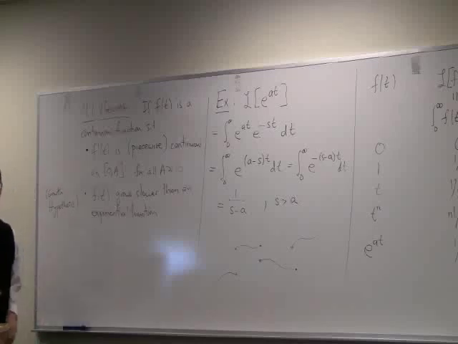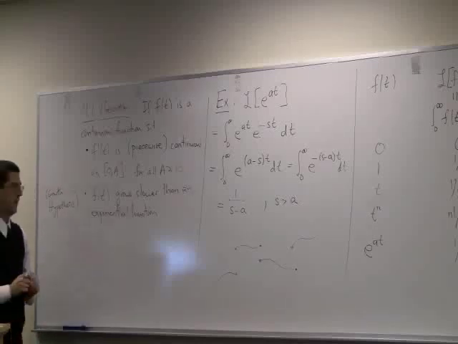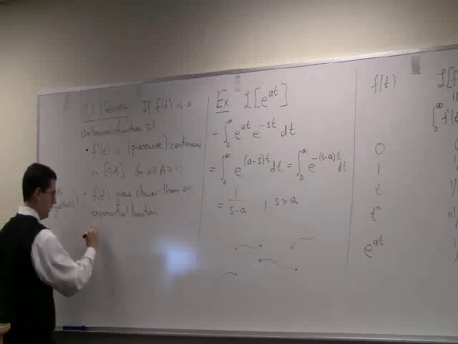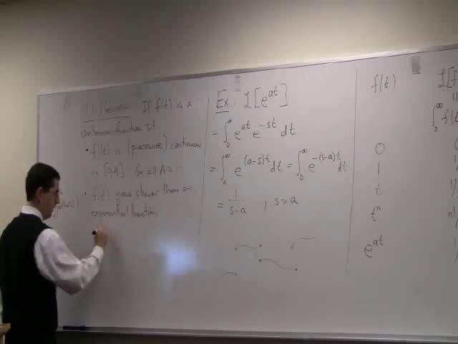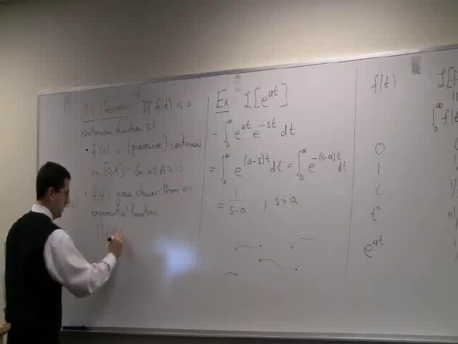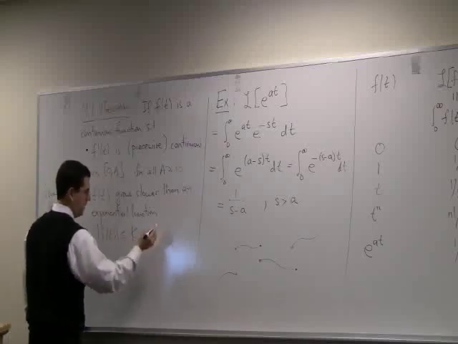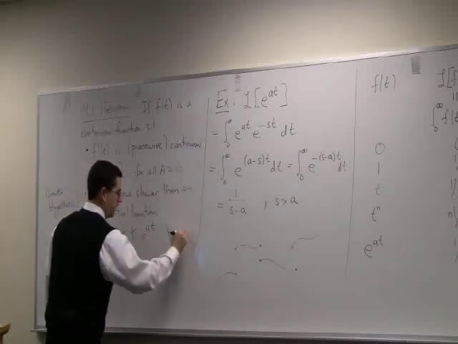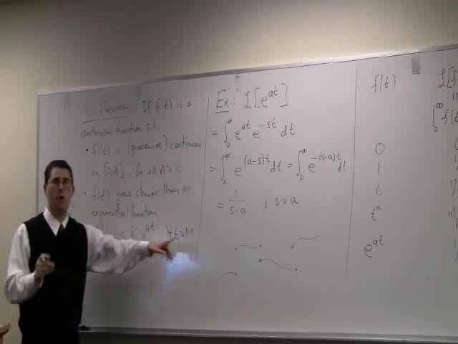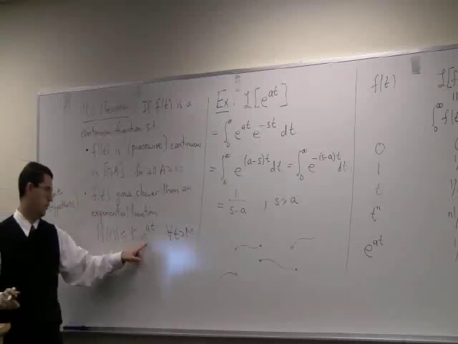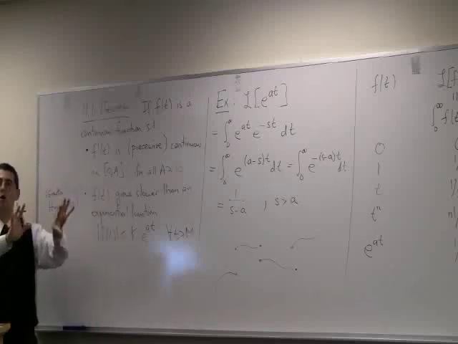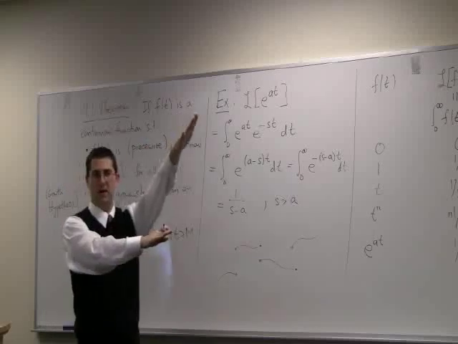Okay, so what do I mean by that? What I mean is that if you look at the size of the function in the long term, it's less than or equal to some exponential function. So f of t is less than or equal to k times e to the at, for all t greater than or equal to some m. Okay, so m is some point where it starts being less than or equal to it. For really small t, it might be bigger than an exponential, but you don't care. You just care in the long run, f of t gets dominated by an exponential.